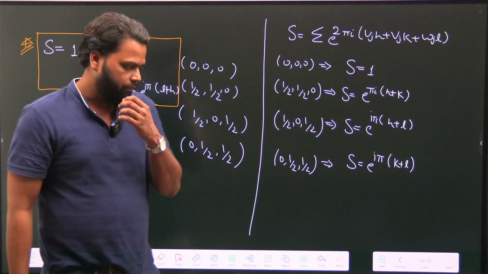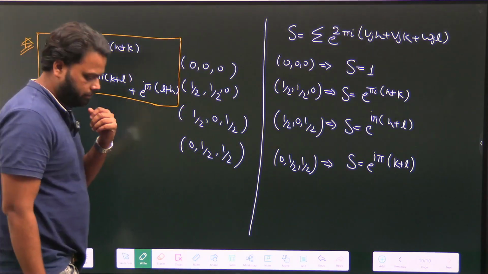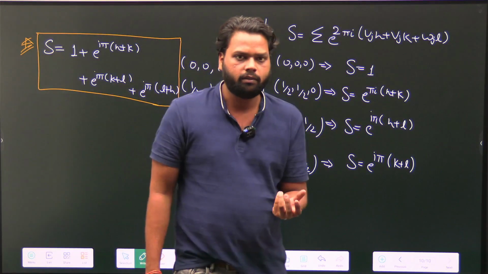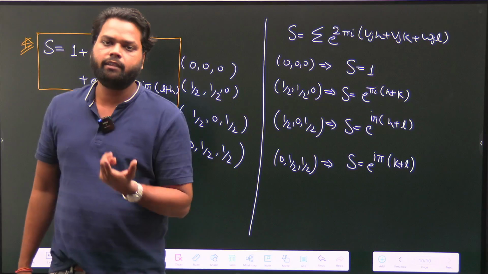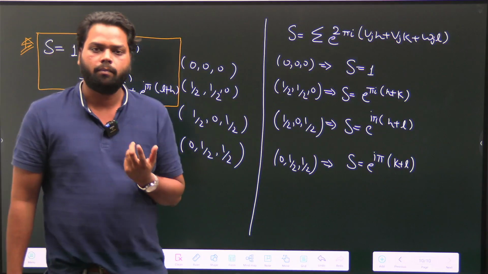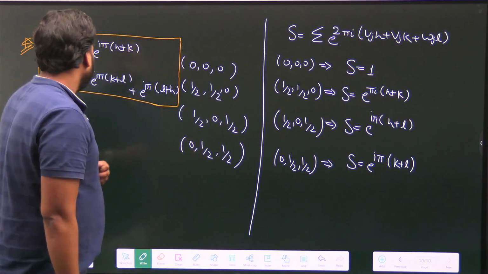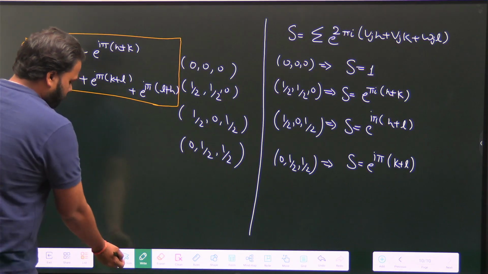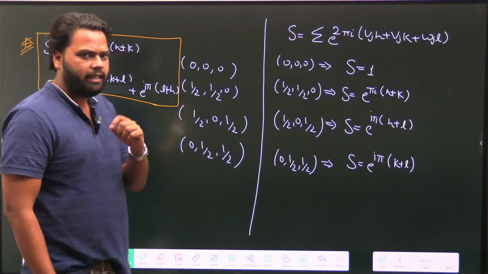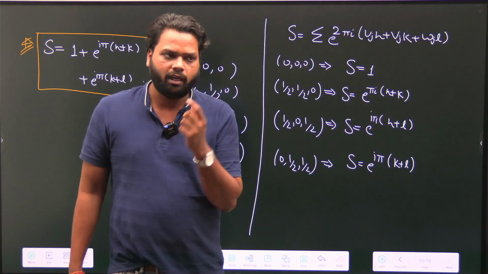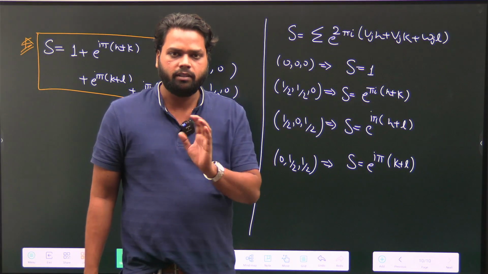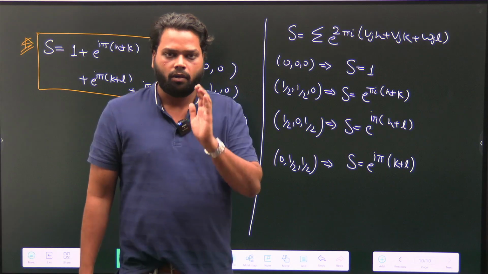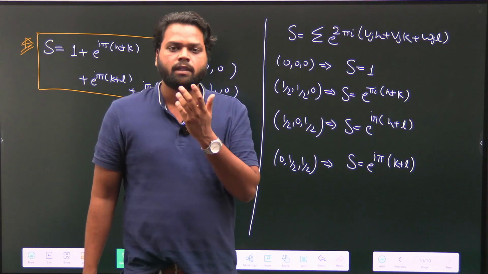Now we have to look at the condition. Condition on what? Condition on the Miller indices, right? Like we did in the simple cubic and the body centered cubic. So for this you have to just analyze the things. You have to put in the values and see whether this can be a combination or this cannot be a combination.